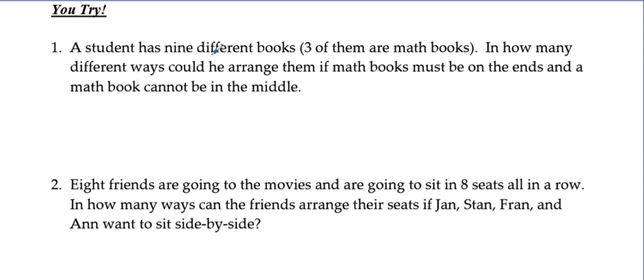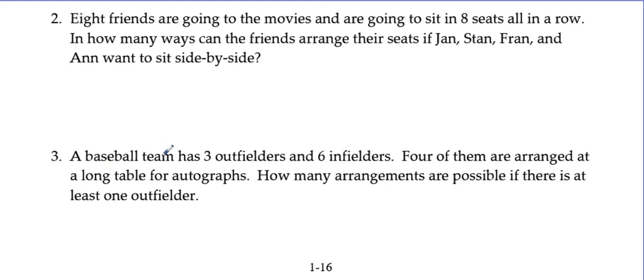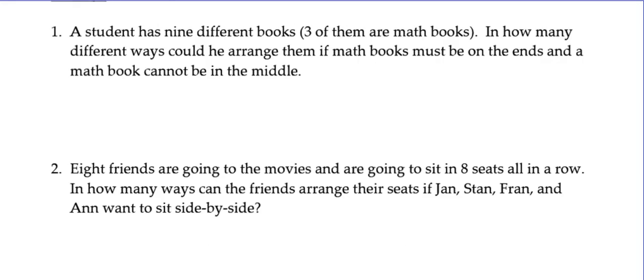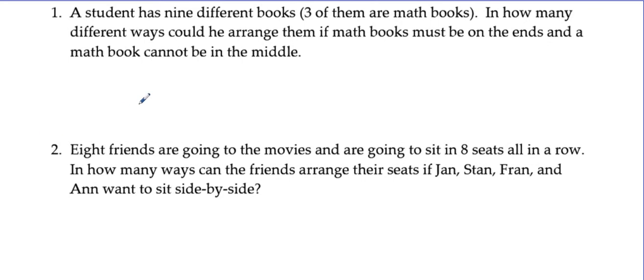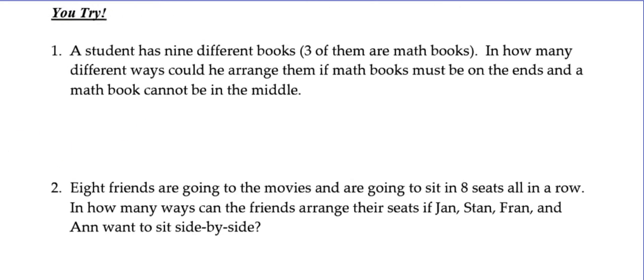It's the same as arranging books or arranging people or arranging friends in a line or arranging baseball players. It doesn't matter what you're arranging as long as you are arranging something, because that makes it a permutation. So pause the video, try these 3 examples, following along the examples that I provided for you, and then come back to the video and check your answers.